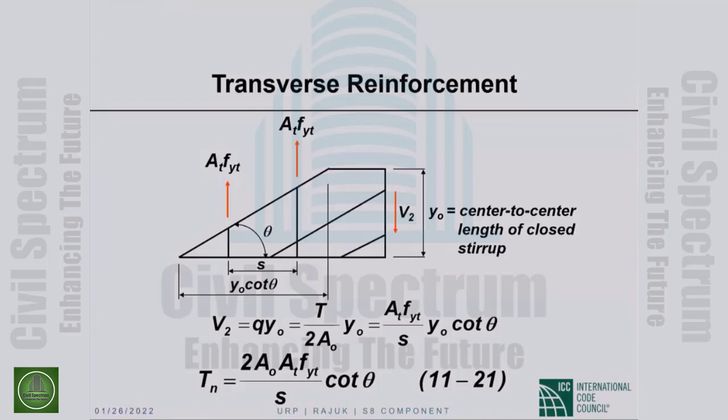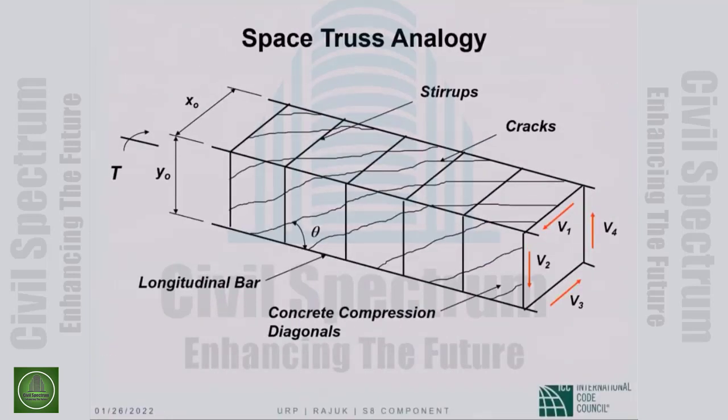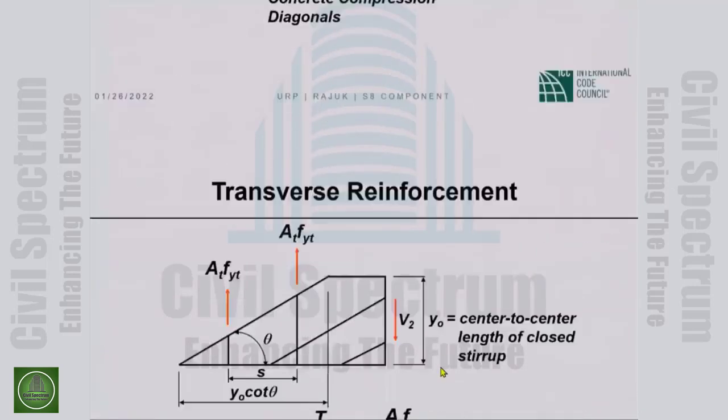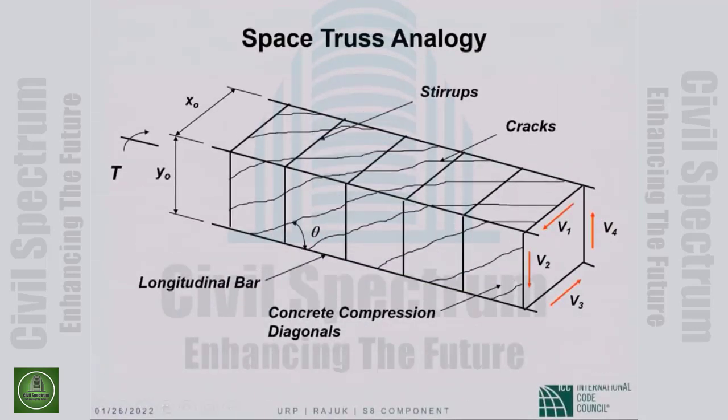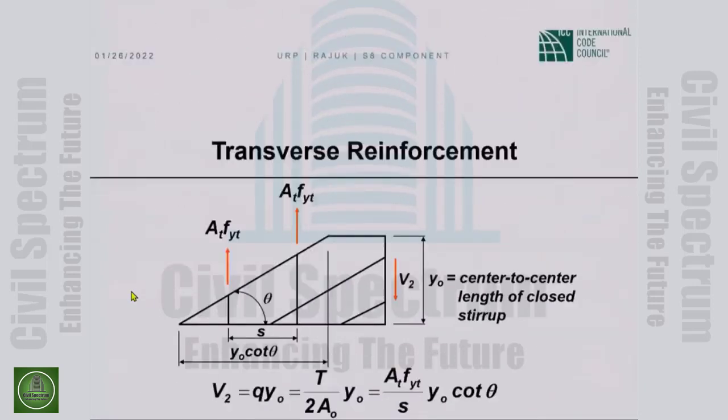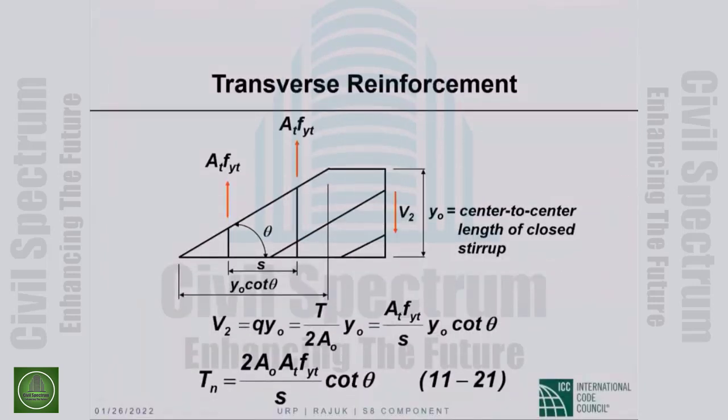So here we have taken part of one face, the front face. Okay, the shear acting is V sub 2. This dimension is Y0 as shown here, between center lines of the legs.